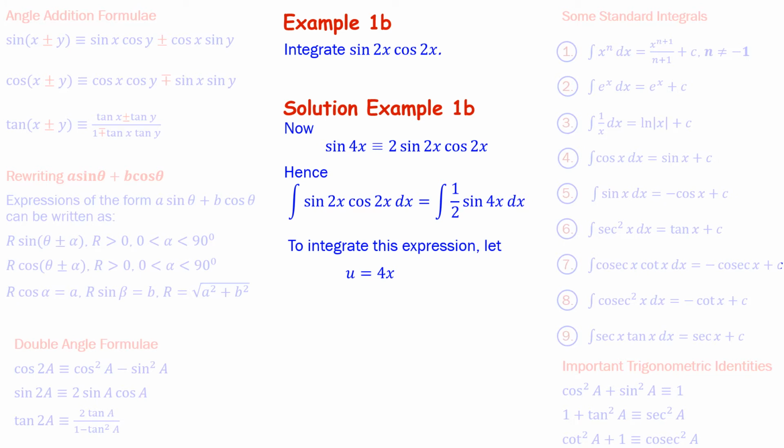Now, to integrate this expression, we're going to let u equal 4x. And this is going to help us to integrate sin 4x. And of course, u equal to 4x implies that du/dx equals 4. So let's now integrate a half sin 4x.